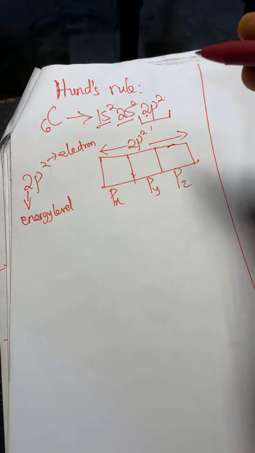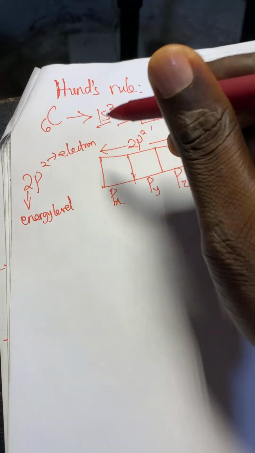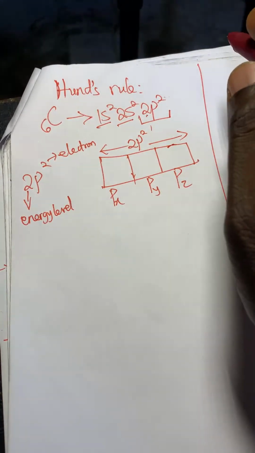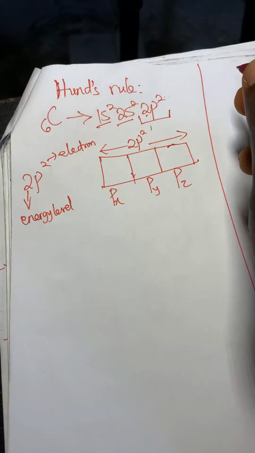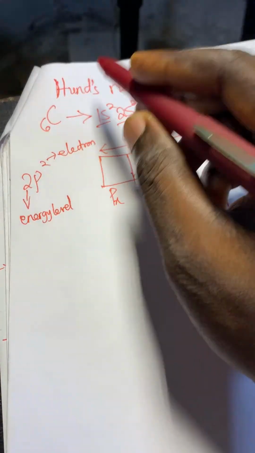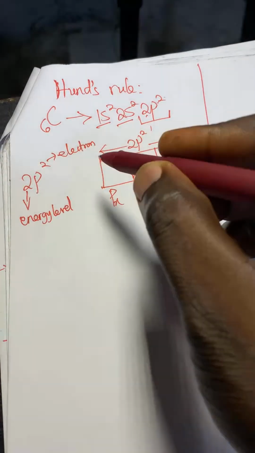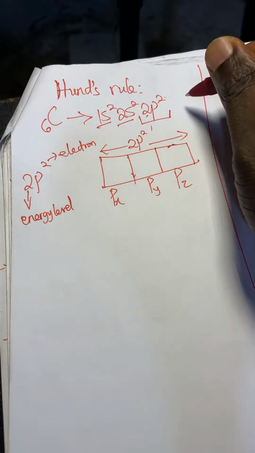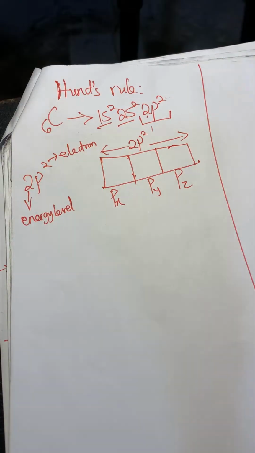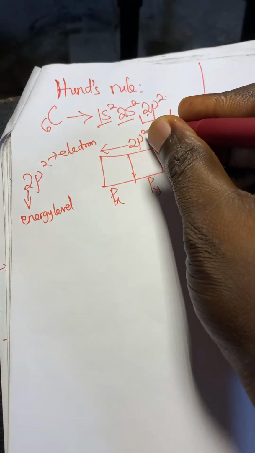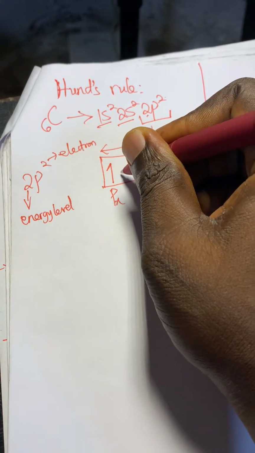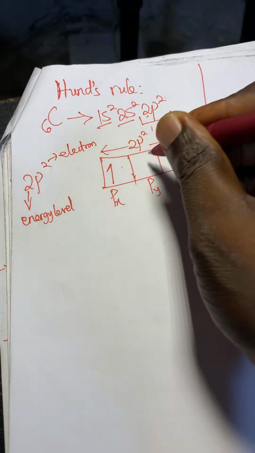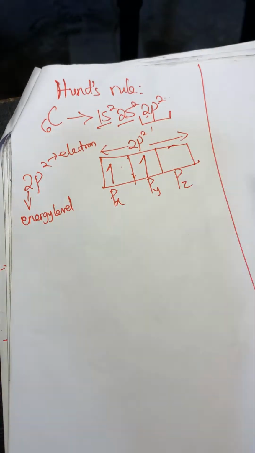Before saying yes I do to your second party or your missing rib, you must first enjoy your single life. That is the same thing this principle is trying to say: share electrons singly before pairing takes place. So picking these two, I will give this one 1. There's no need to drop the other one. No, and you give this one 1.